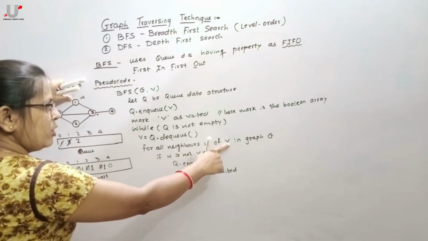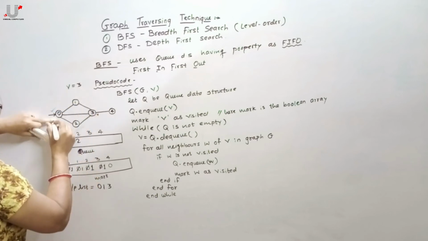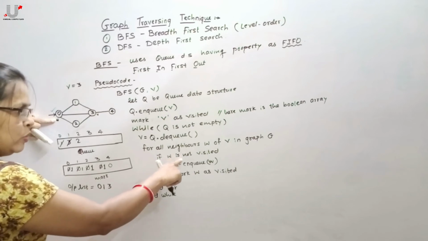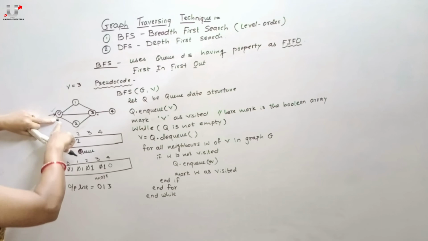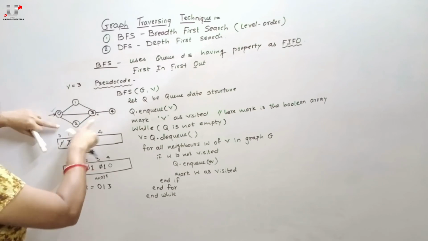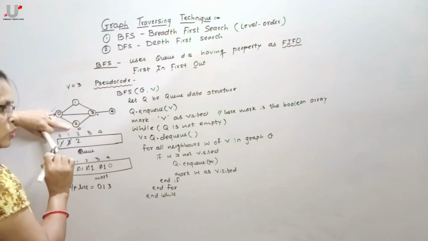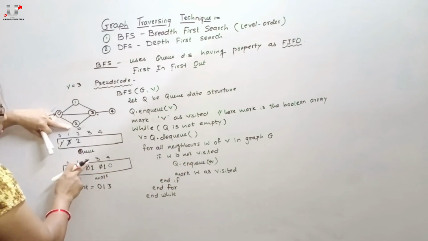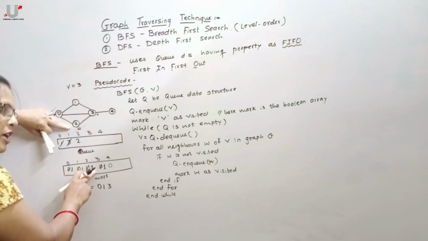Then the next neighbor of v is 0, so consider it as w and check whether w is not visited, but w has already been visited, so leave 0 also. Then the next neighbor of v, 3, is 2, so w is pointing to 2. Is w not visited still? But w, meaning 2, has already been visited, so leave it.